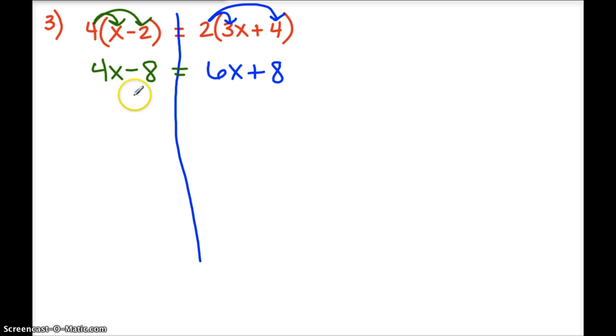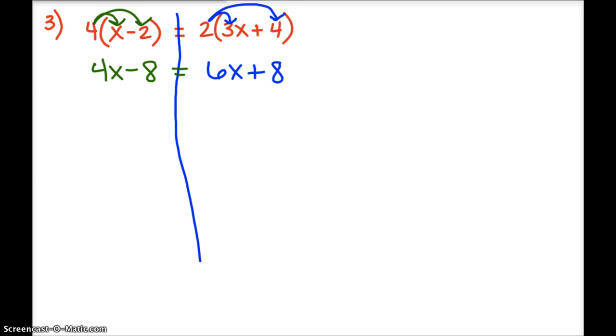Next is combining like terms. Well, on the left, I cannot combine the 4x and the 8 because the 4 has an x with it, but the 8 doesn't. Same thing over on the right. The 6 has an x, but the 8 doesn't. So let's move to the next one. Get your x on one side of the equal sign. So I either need to move this 4x over here or move the 6x over to the left.